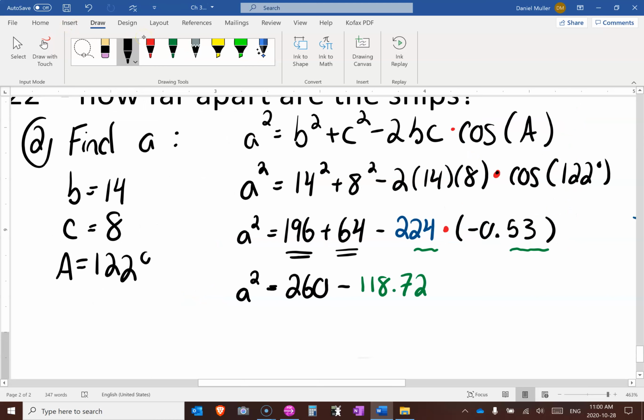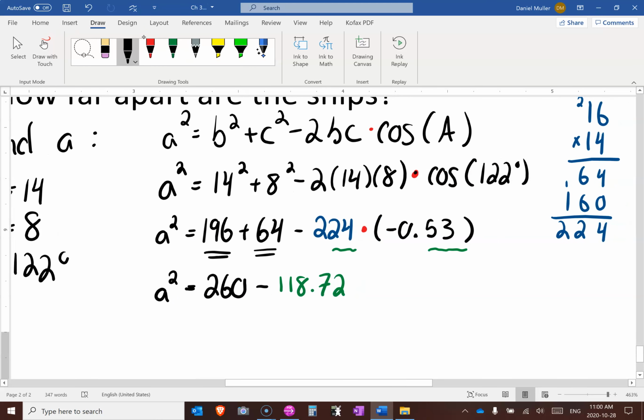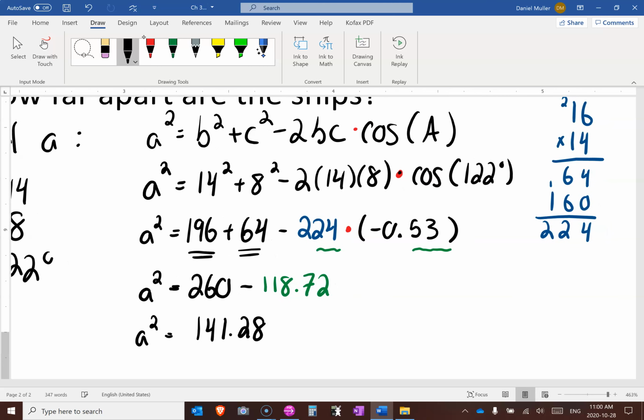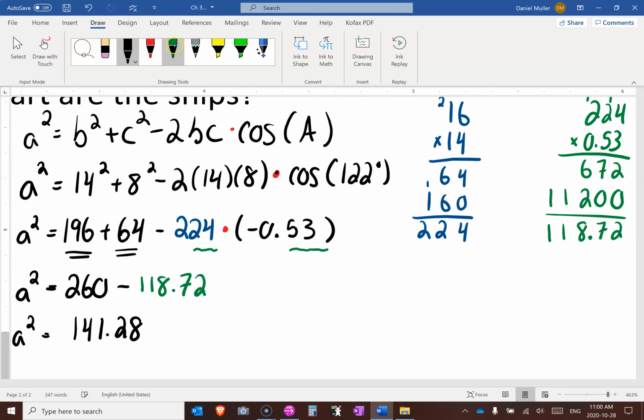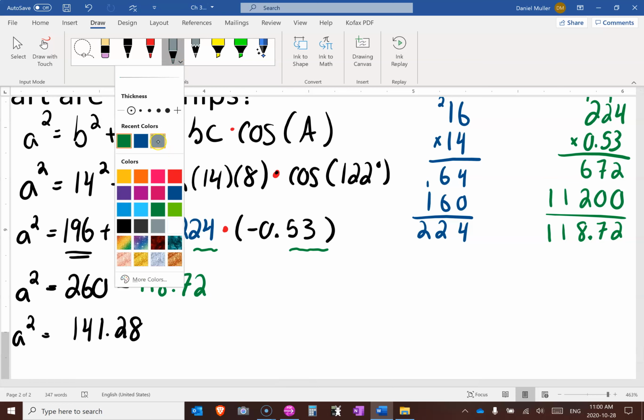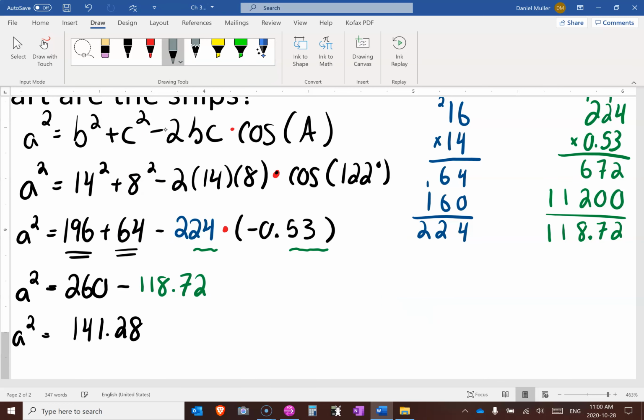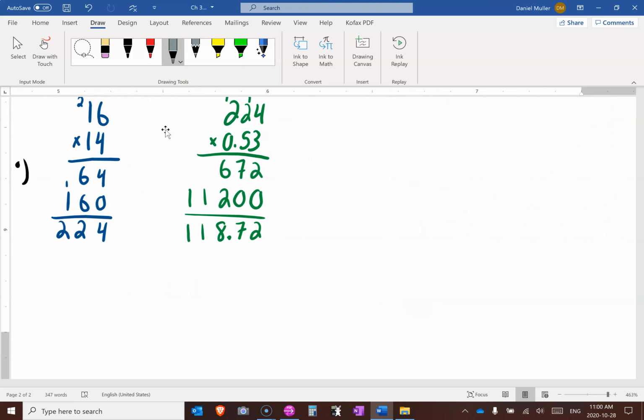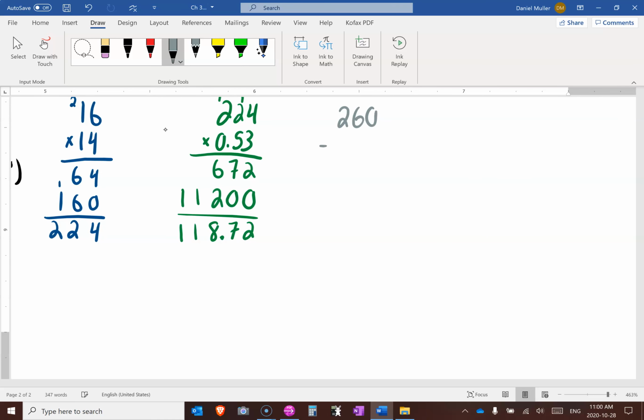Okay, so now 260 minus 118.72. A squared is equal to, if that was 120, the answer would be 140, but I'm a little bit more than that. So 141.28. I guess we can check that: 260 minus 118.72.